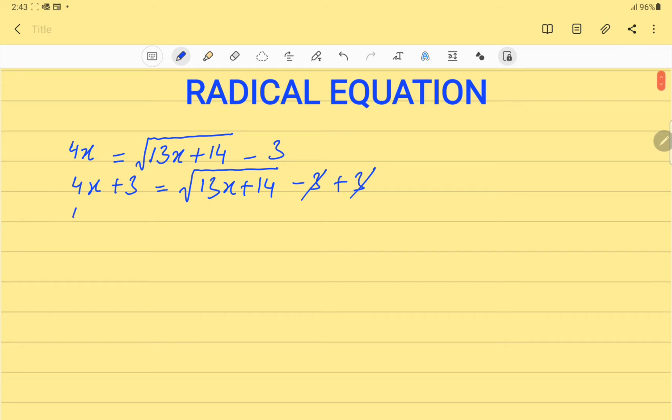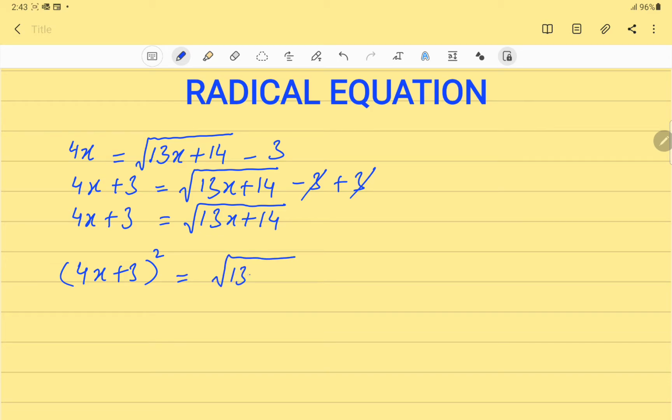And the equation has become 4x plus 3 is equal to square root of 13x plus 14. Now in order to get rid of this radical sign, we will take square of both sides. Square of 4x plus 3 is equal to square of square root of 13x plus 14.